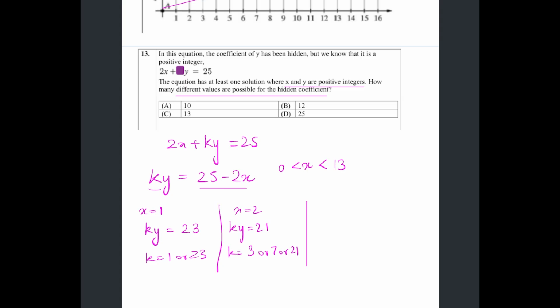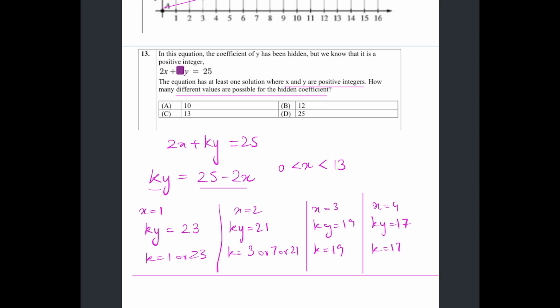Let's move on. x equals 3, ky will be equal to 19, so k can be 19 here. It can be 1 also, but we've already written down 1 as one of our solutions. And for x equals 4, ky equals 17, so k can be 17.